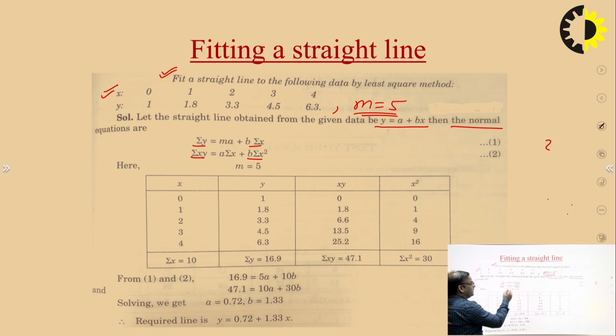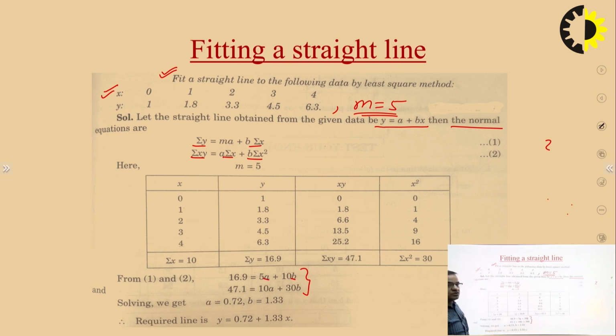Okay. Then you can see x and y are given in the table. These are the summations. Then put these values here in the equations, and these two will be linear non-homogeneous equations in 2 unknowns a, b.